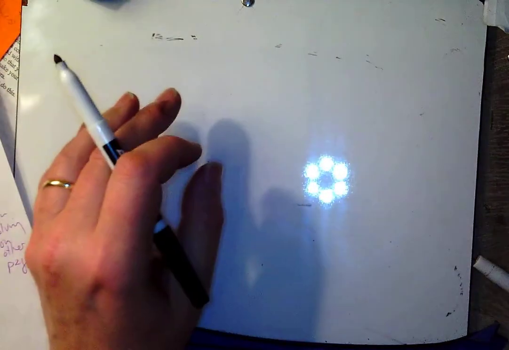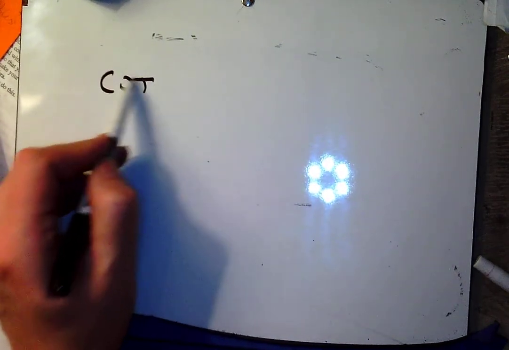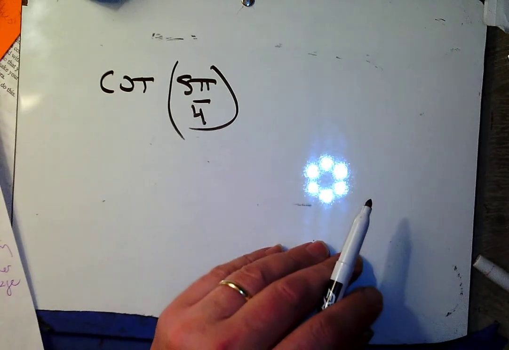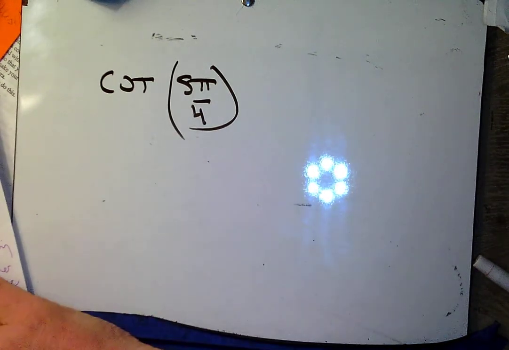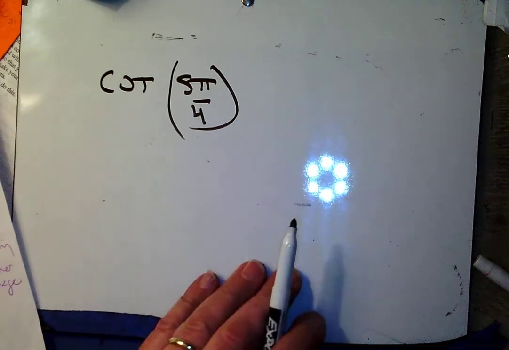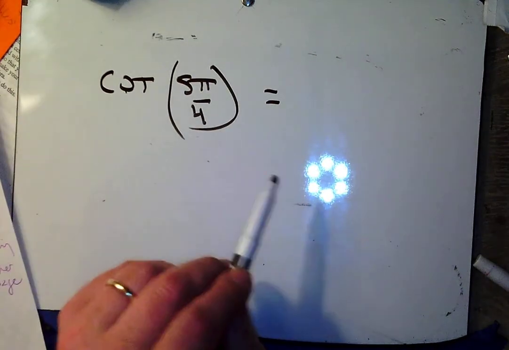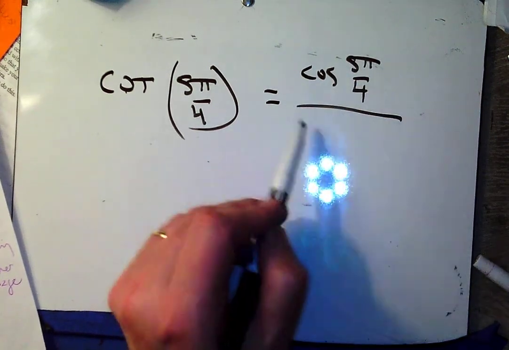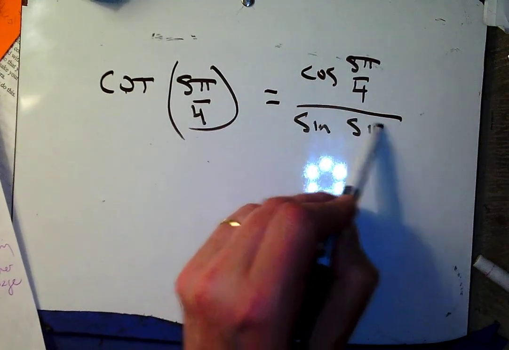Cotangent, 5 pi over 4. 5, 4, 3, 2, 1. Well, cotangent is cosine over sine.